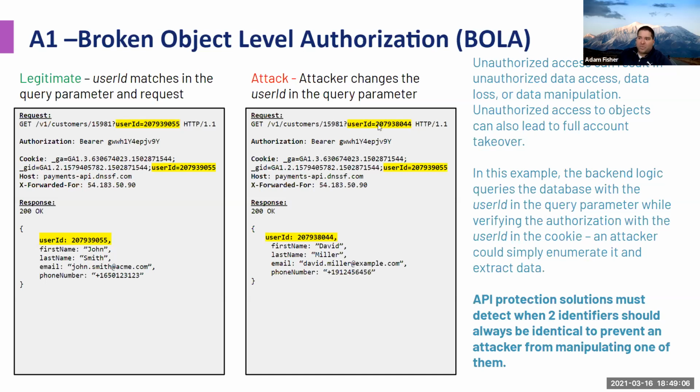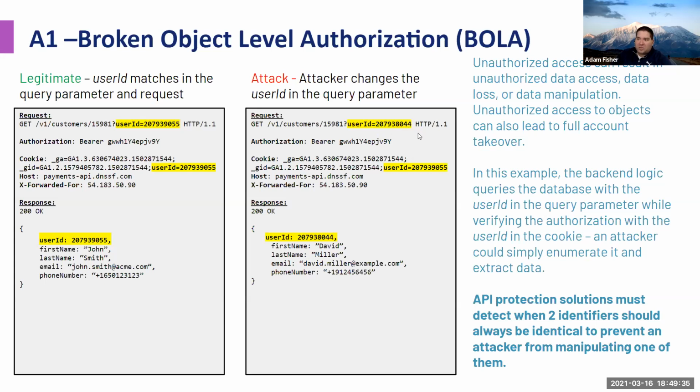All we've done is simply change the user ID parameter to a different user ID. And why this is so malicious is because if this works for one user ID, the attacker is going to think, oh, well, it's probably going to work for 045 and 046 and 047. So they can now begin to just enumerate the user ID values.